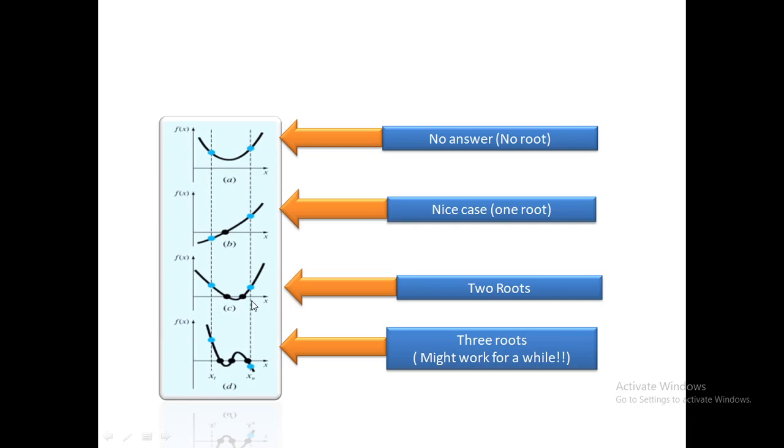In the third case, two points intersect the x-axis, so you will get two roots. If three points intersect, then we will get three different roots. Those values satisfy the condition of the roots.